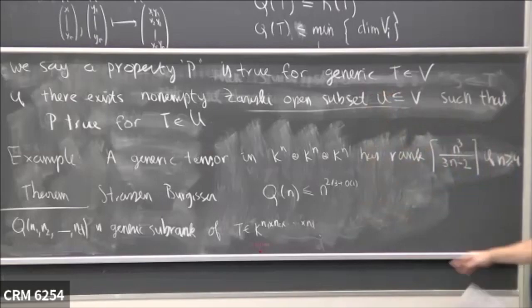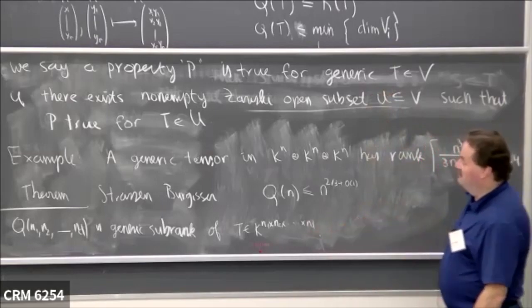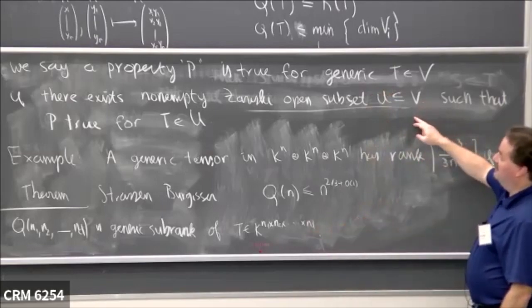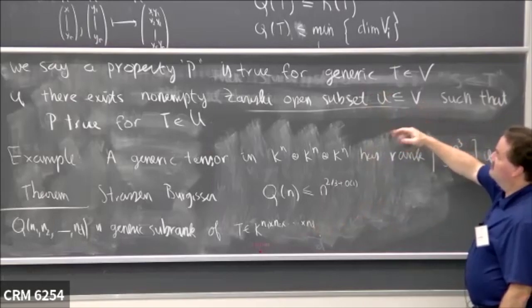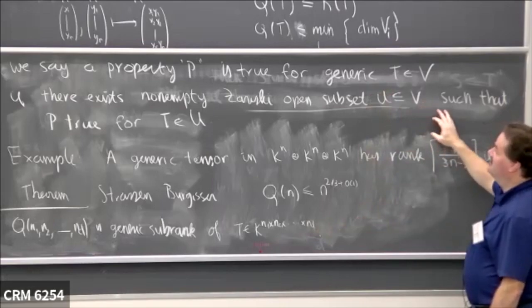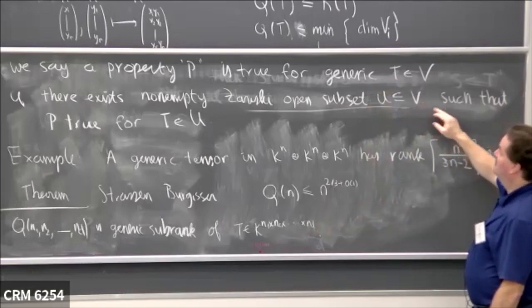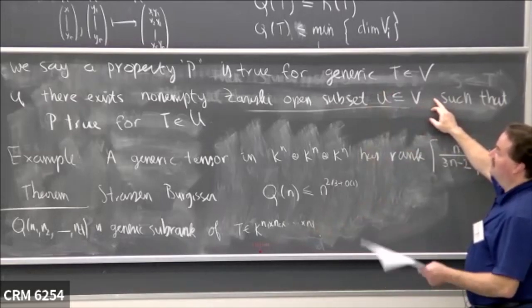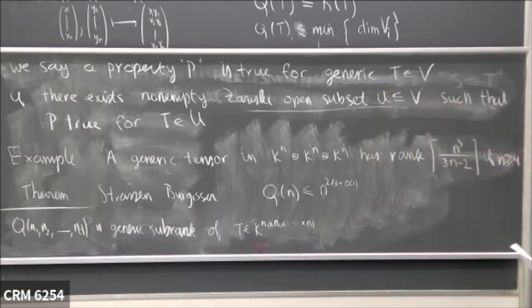So saying that the generic tensor has subrank R is the statement that a generic tensor has the property that the subrank is equal to R.